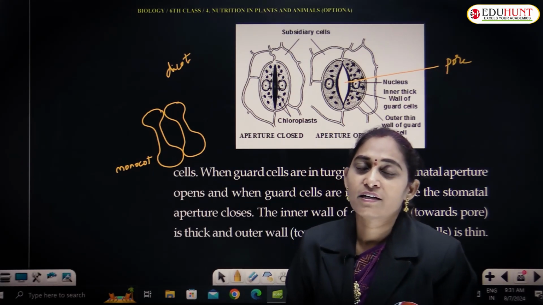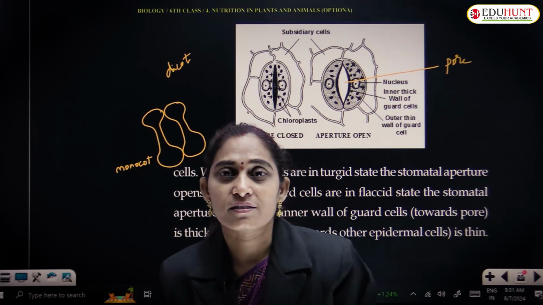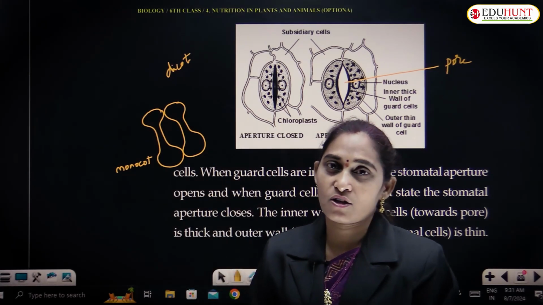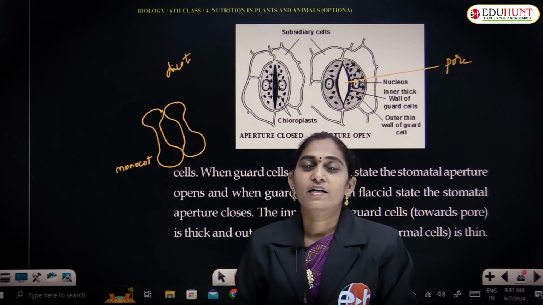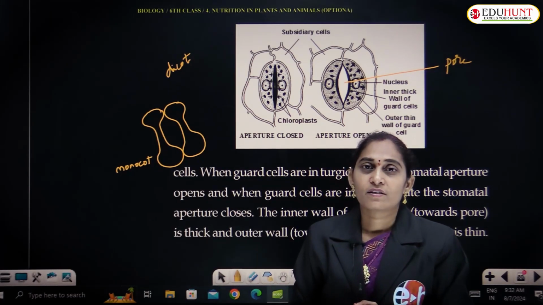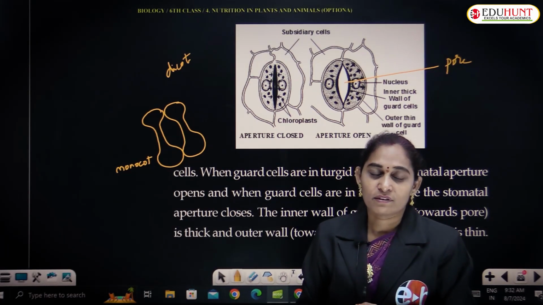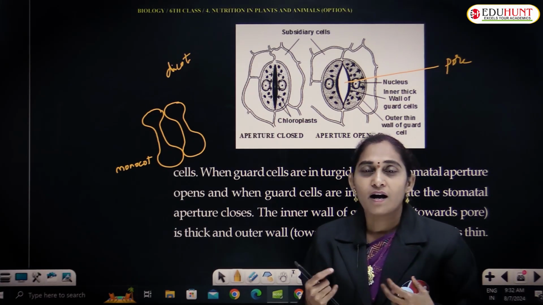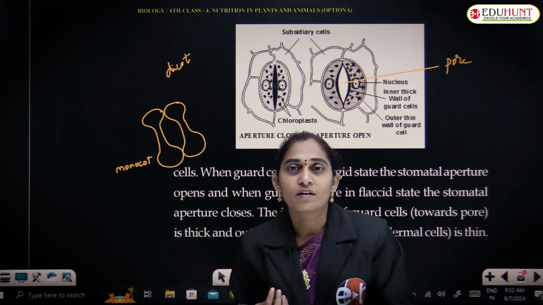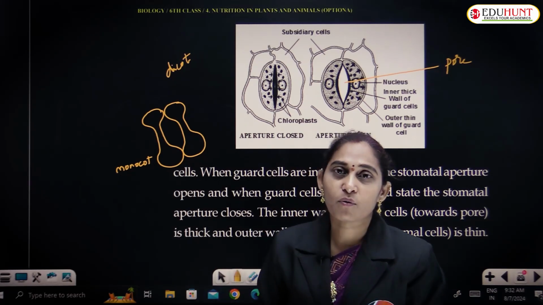If we move into the deserts, the plants are succulent, xerophytic plants, and they do not have enough water. If the water availability is very limited, very scanty, then how do they get water for their metabolic activities?